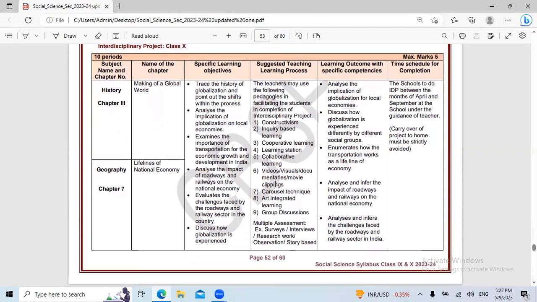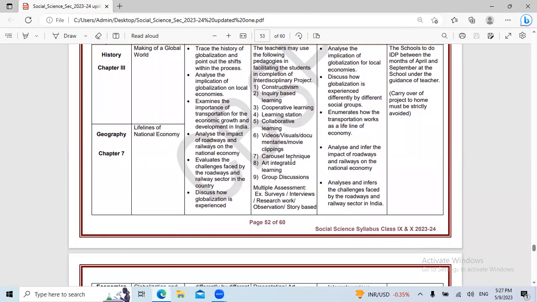This is your role as a teacher: constructivism, inquiry-based learning, cooperative learning, learning stations, collaborative learning, videos, visuals, documentaries, movies, clippings, carousel techniques, art integrated learning, group discussion. Okay, and the geography lesson, Lifelines of National Economy.